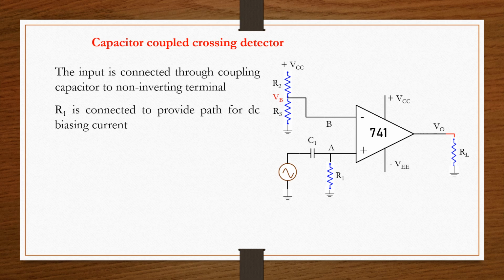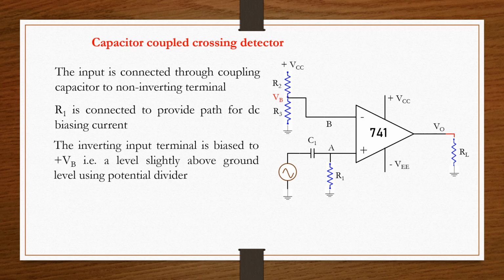The inverting input terminal is biased to plus VB, that is a level slightly above the ground level, using the potential divider R2 and R3. This ensures that if no input is applied, then the op amp sets its output to negative saturation, that is minus Vsat, due to the inverted action.